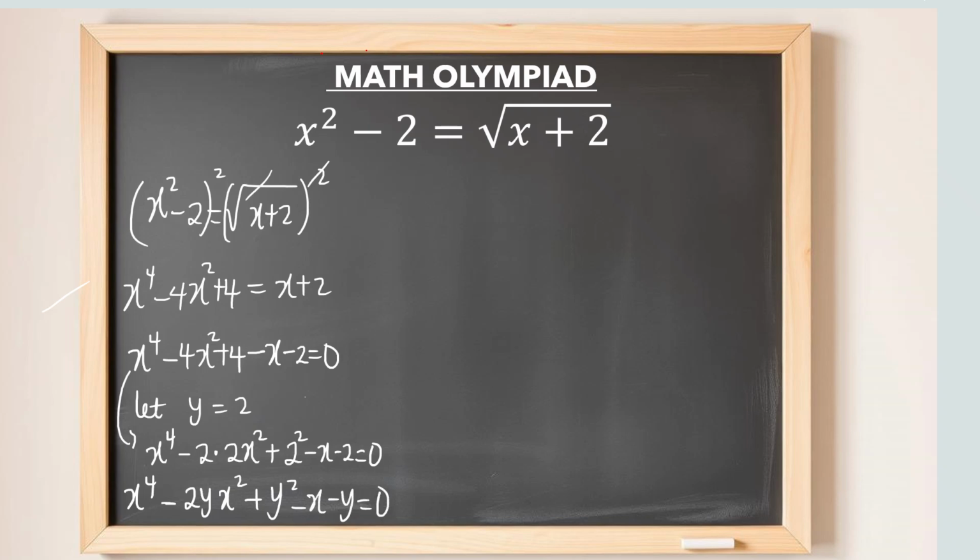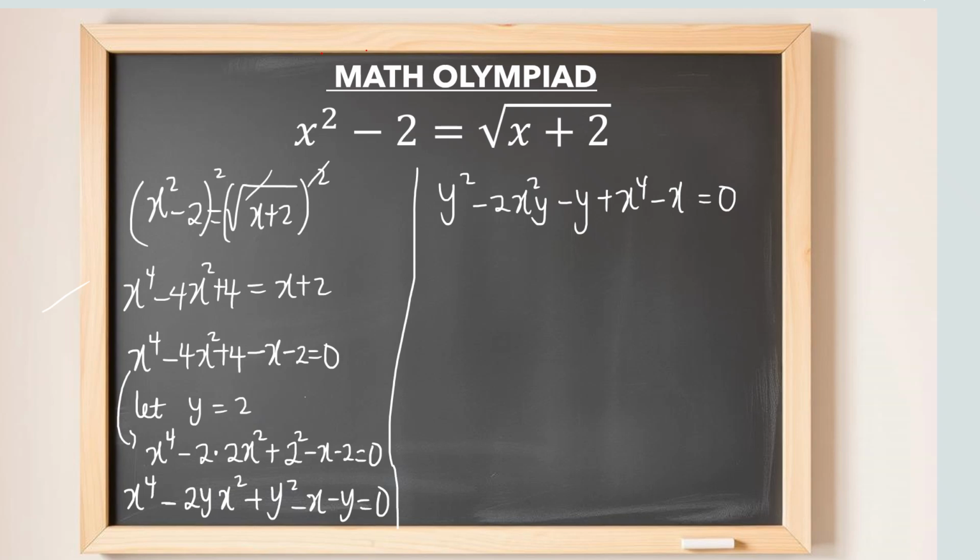This is a trick I developed and I believe it's going to help in solving this question, because this is a quartic equation, so this is going to make a lot of sense. Now writing this given equation here, we can have y squared minus 2x squared y minus y plus x to the power of 4 minus x equals 0.